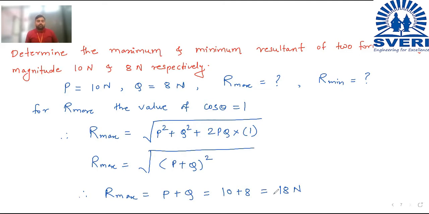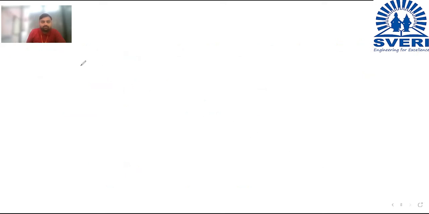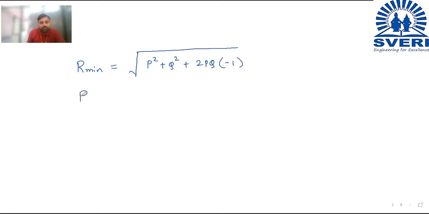Similarly, we can find out R minimum. For R minimum, I will write directly. R minimum is equal to under root p square plus q square plus 2pq into cos theta, which is minus 1. So here your R minimum will be under root p square plus q square minus 2pq.